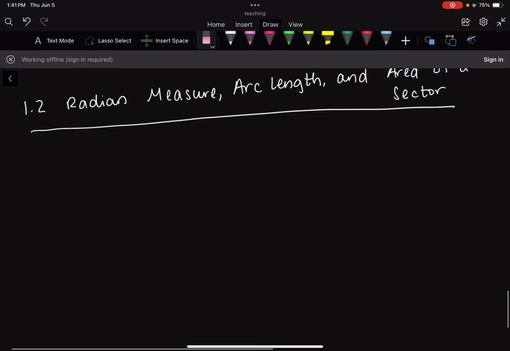So first, talking about radian measure in general, I'll go ahead and write our definition.